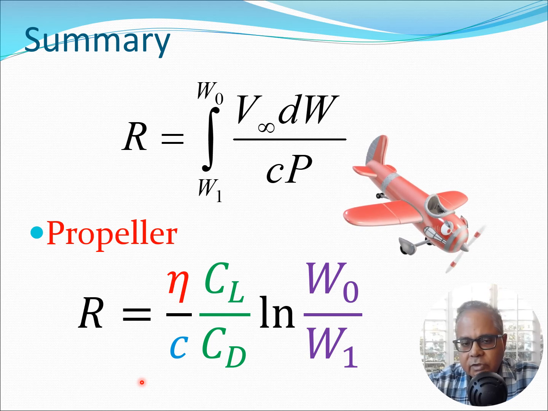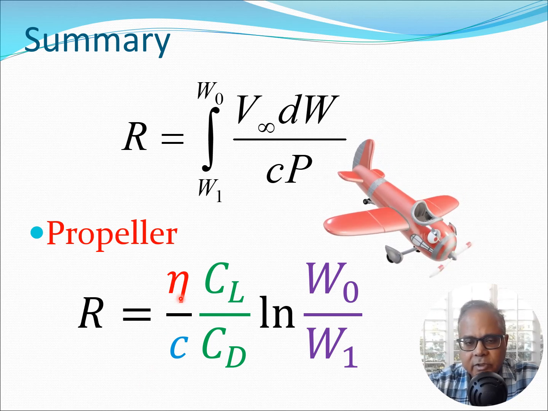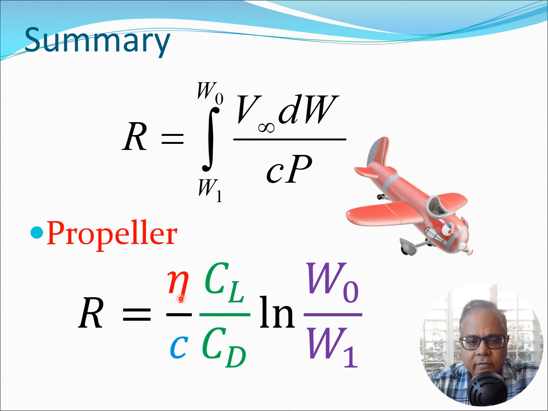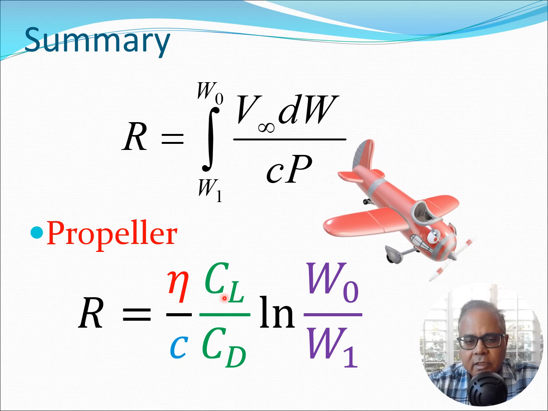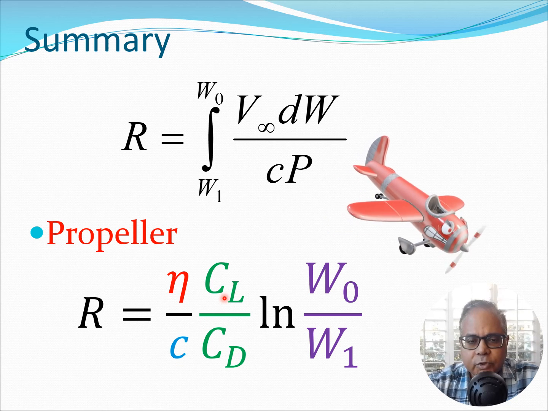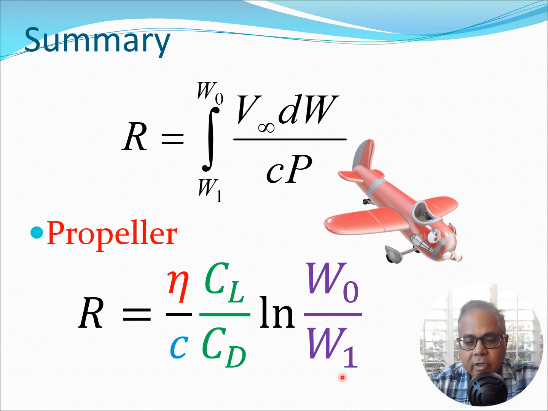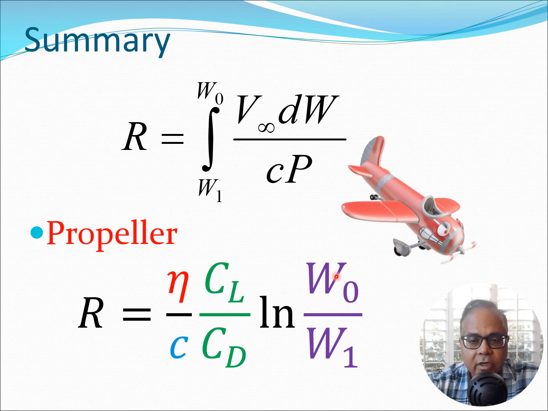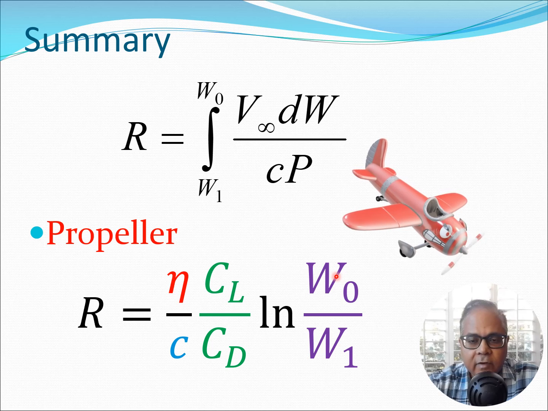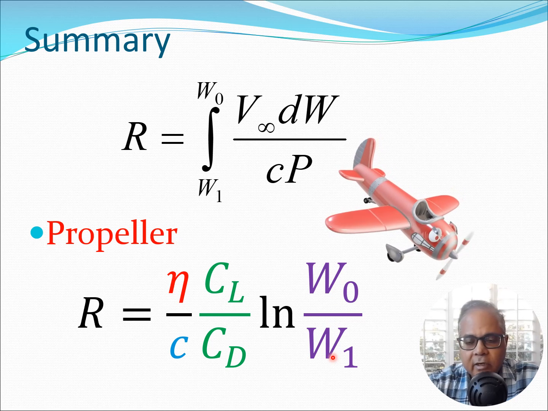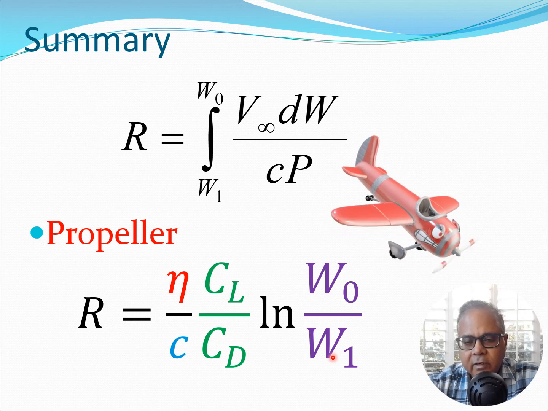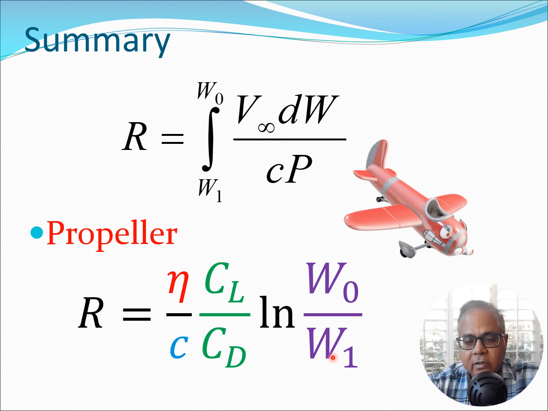So here we clearly saw that this was dependent on certain factors such as eta, which is the efficiency of the propeller, the specific fuel consumption C, the CL by CD ratio, which should be maximized, and also log of W0 by W1, where W0 is the starting weight or the gross weight of the aircraft when you leave the airport, and W1 is the weight of the aircraft when you land at the new airport.